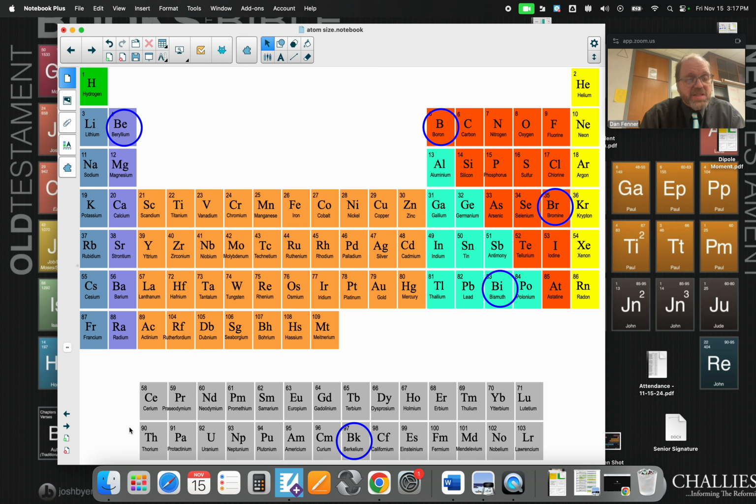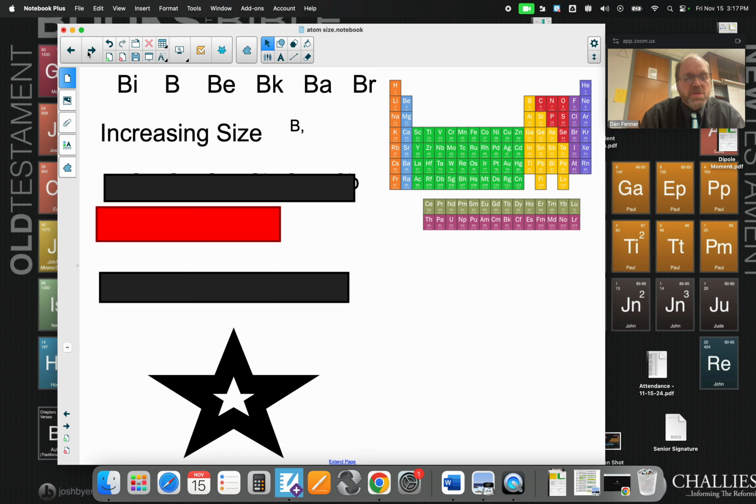So Ac is bigger than Th to Lr, but Th to Lr are bigger than rutherfordium, Rf. All right, so that's why bismuth would be before, because bismuth would be to the right of this row, but berkelium is a row below that, so therefore berkelium would be the largest.